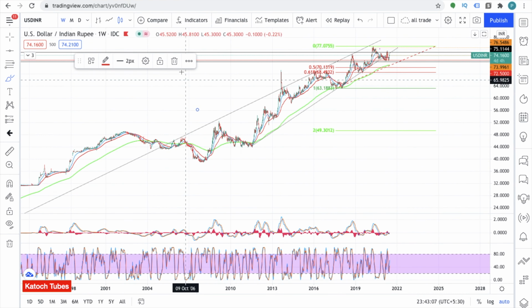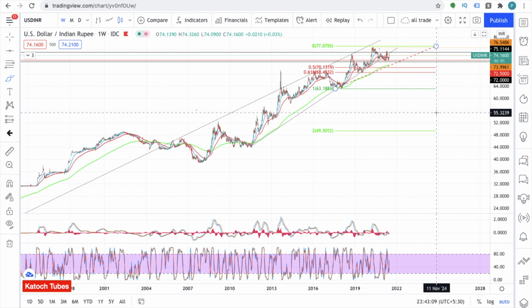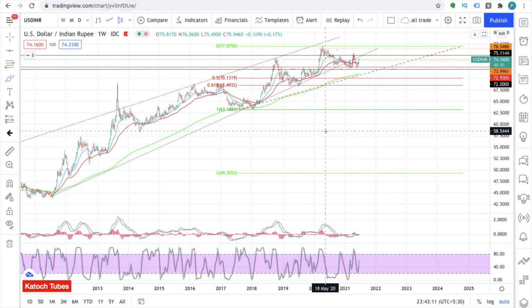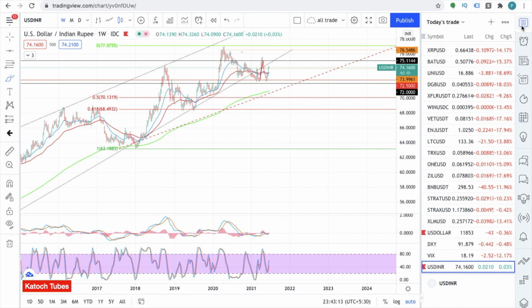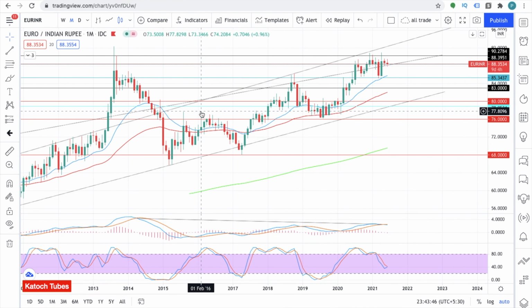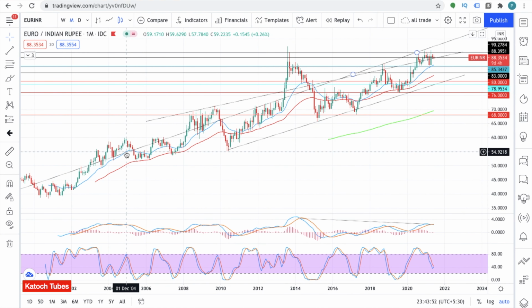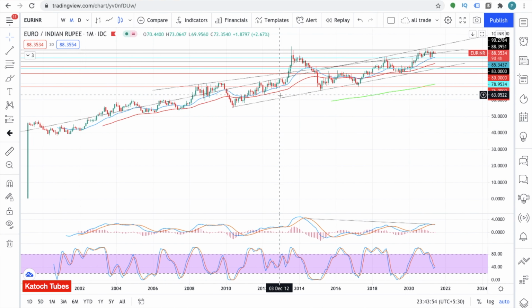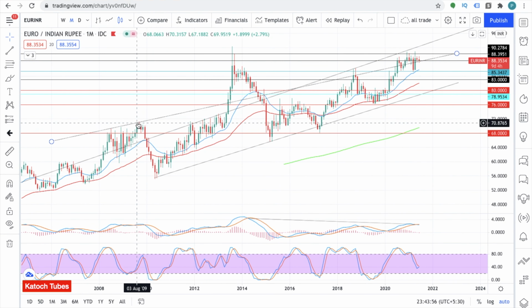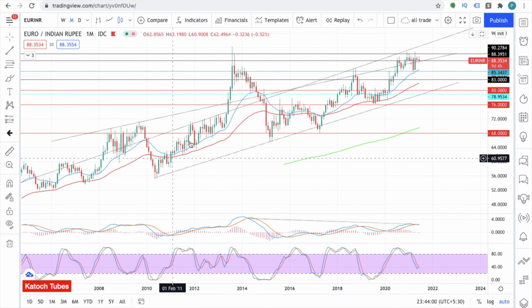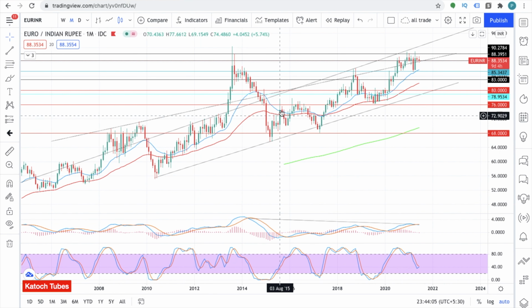Before I close, let me give an example of MACD and MACD divergence. I can show you in one chart, and that is EUR INR. MACD divergence will show you the change in the trend. This particular chart has been in an uptrend ever since, but again it's hitting a trend line resistance here, and again getting support, then again going up, breaking it, again hitting the trend line support, bouncing back up, and that's how it's going.